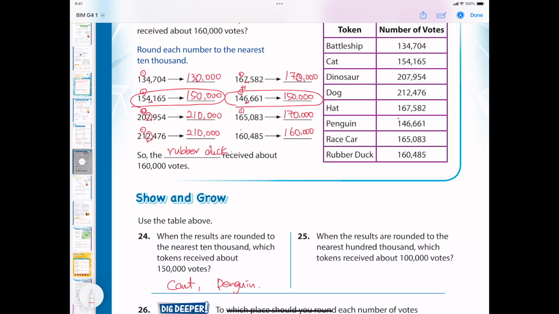So I'm going to find some numbers. The matter number is 4 and down, which I found already. Penguin and battleship, which is what? The matter number is 3, target number is 1, and matter number is 4, and target number is 1, and everything else is greater than 4. Okay, so I'm going to say battleship and what else? Penguin.